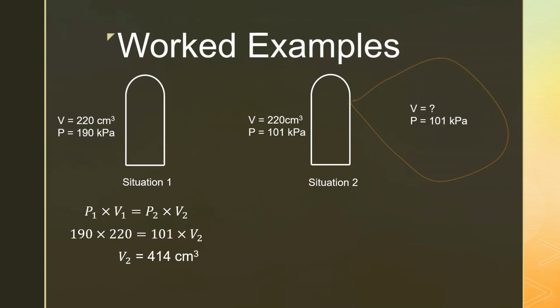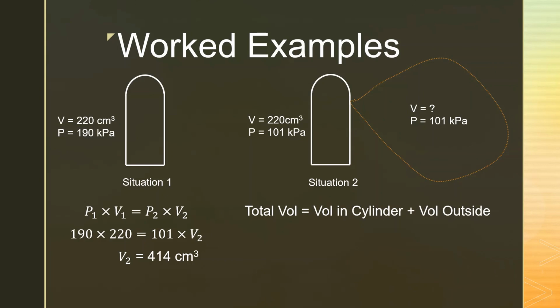Now let's have a look at this on the right hand side. So what we're saying is I've still got some gas inside that cylinder, and that's still got a volume of 220 centimeters cubed. And the rest of my gas is out here. We're going to say here that the total volume is equal to the volume in the cylinder plus the volume outside. Well, we've just worked out what the total volume is. It's 414. We know the volume in the cylinder, it's 220.